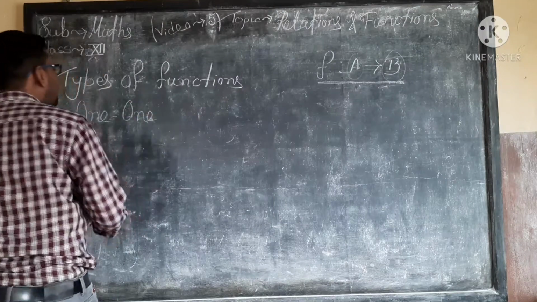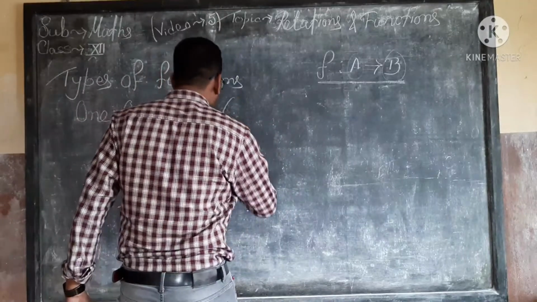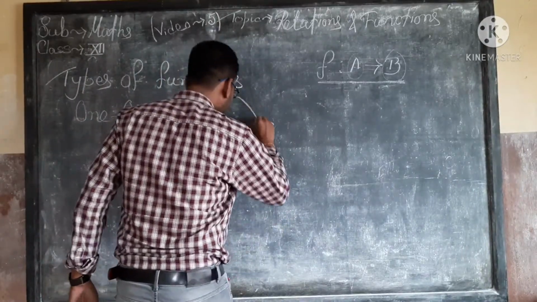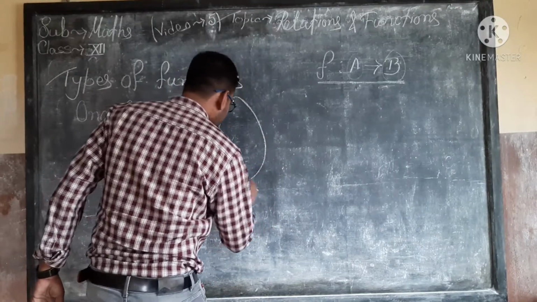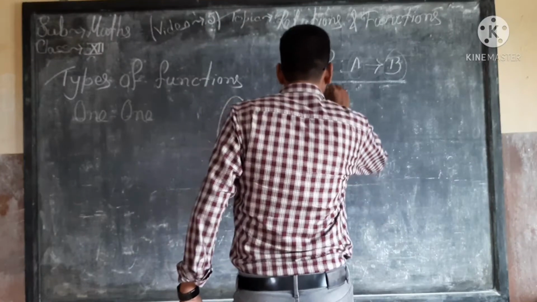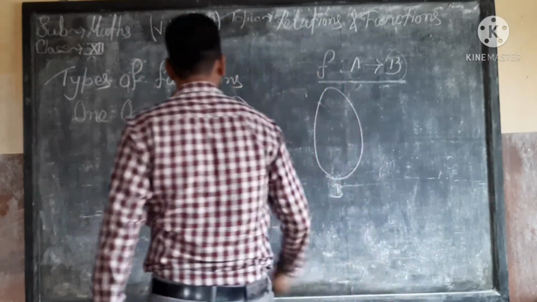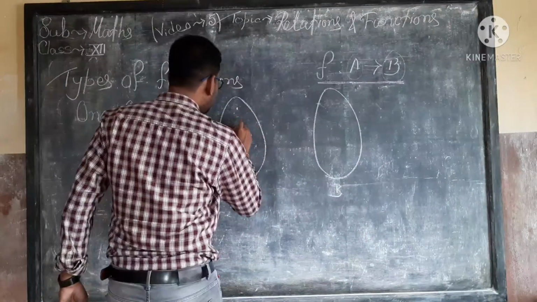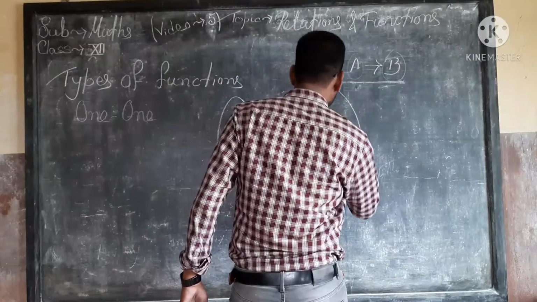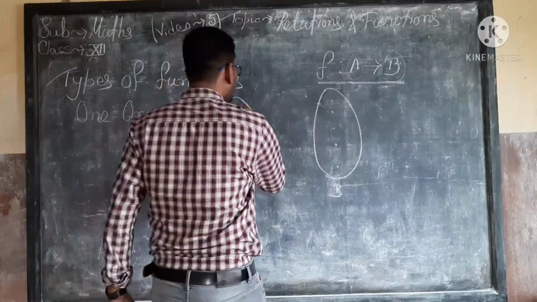One-one function. The arrow diagram of this one-one function is, suppose this is set A and this is set B, and set A has some elements and set B also has some elements.